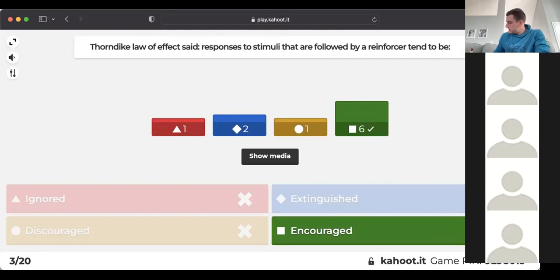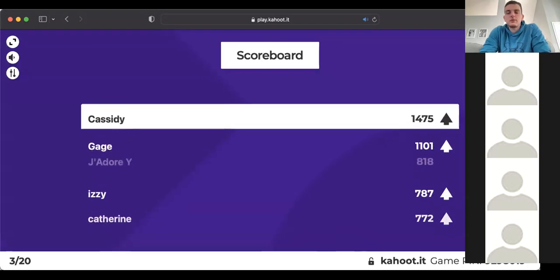That is basically the entire idea behind positive reinforcement or negative reinforcement. If you respond a certain way to a command or to, like it says here, stimuli, you are going to be more likely to repeat it if you are encouraged or reinforced.